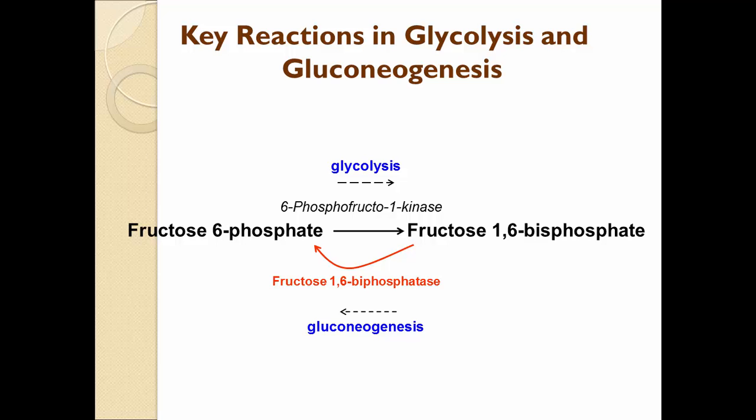And in the gluconeogenesis, the reverse reaction can occur if the key enzyme fructose 1,6-bisphosphatase is increased. So this enzyme can catalyze conversion of fructose 1,6-bisphosphate to fructose 6-phosphate, right? So again, phosphofructokinase 1 is a key enzyme in the glycolysis pathway, and fructose 1,6-bisphosphatase is a key enzyme in the gluconeogenesis pathway.